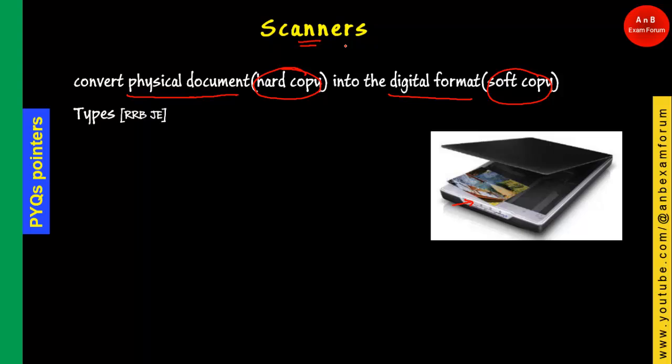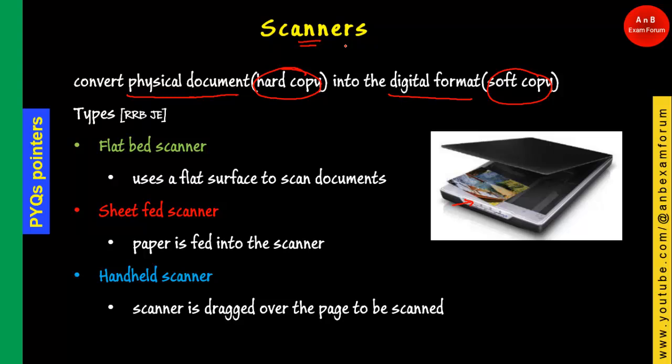The types you should remember: there are three types, flatbed, sheet fed and handheld scanner. As the word suggests, flatbed has a flat surface, you just put your physical document on it and scan, and the digital image is transferred to your computer.